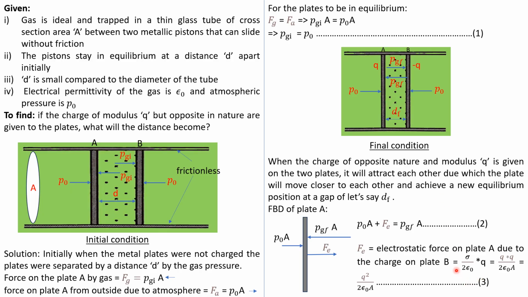If we multiply it with the charge on plate A, we will get the electrostatic force, so Q. Sigma is the charge density, the modulus of the charge divided by the area. So we will be getting Q square by 2 epsilon naught A as the electrostatic force on plate A. That is equation 3.